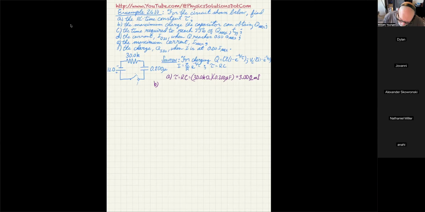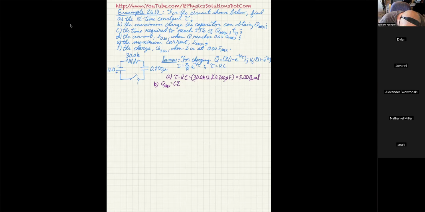That horizontal line is at Q equals CE. So the actual Q max that we're asking for is Q max equals C times E. You might also notice that that's just C equals Q over V solved for Q. We're using the E because it's the electromotive force. It's representing a battery, but it's the same thing as voltage.